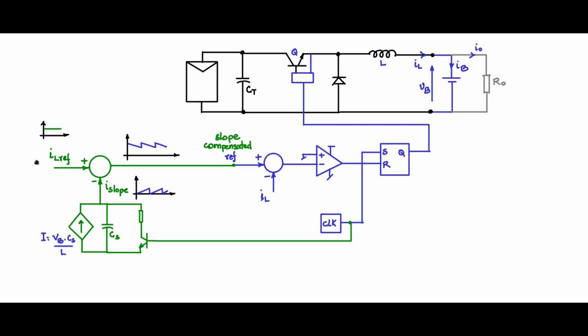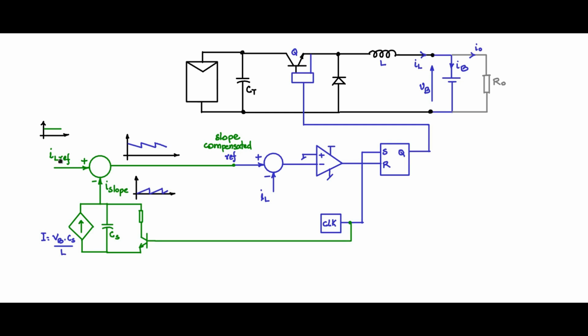Now this IL ref here, if it is coming from the output of the MPPT charger, that is, you are sensing the voltage and the current from here and passing through the hill detection or hill climbing algorithm, and you give the output of that here, then the current reference will keep changing according to whatever peak power the PV panel can deliver.